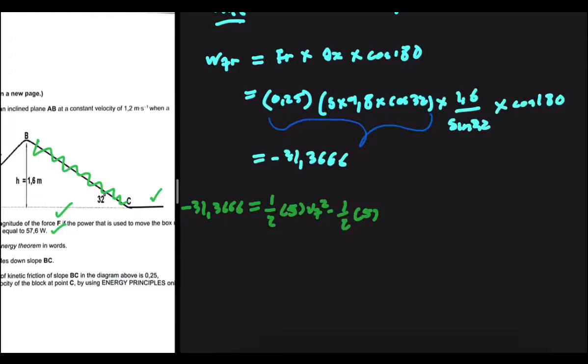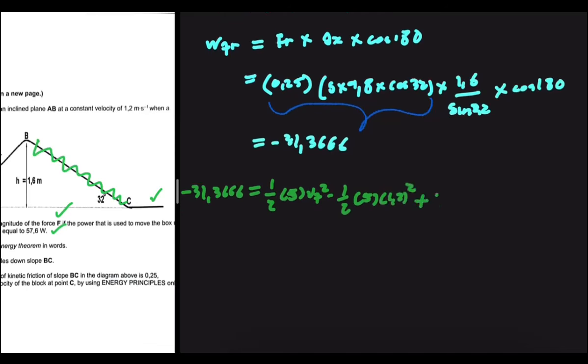Our object was moving at a constant velocity of 1.2 meters per second. Potential energy final will be the mass, 5 kg, multiplied by 9.8 multiplied by the final height at point C. That will be 0. The initial potential energy: the mass is 5 multiplied by 9.8 and then the initial height is 1.6.